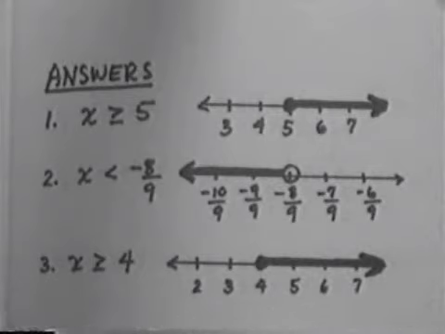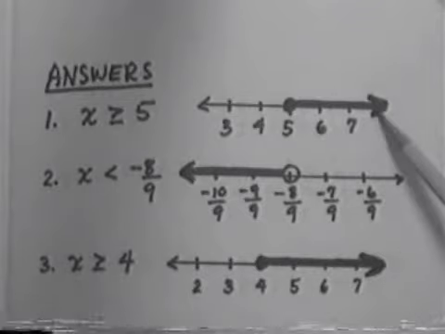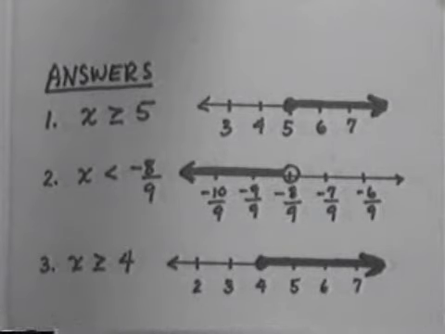Your answers should be, for number 1, x is greater than or equal to 5. The graph shows 5 as the boundary number filled in, and the shading is to the right. For exercise 2, x is less than -8/9.